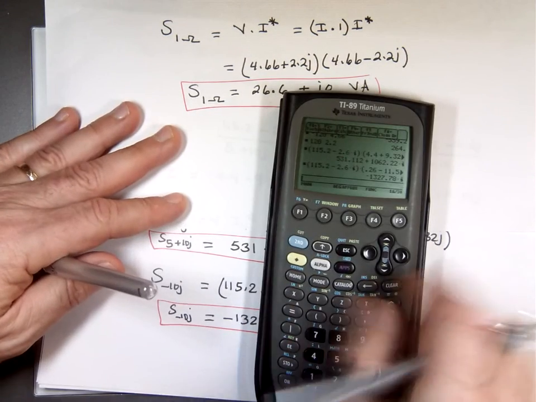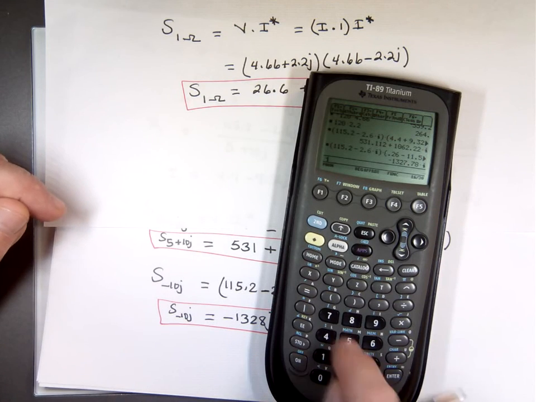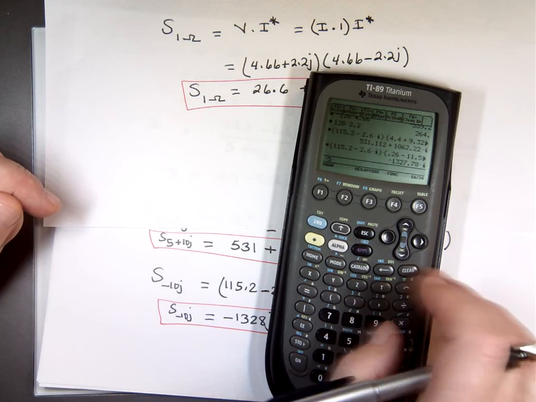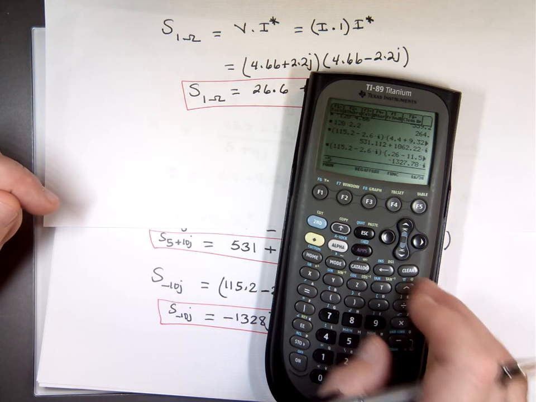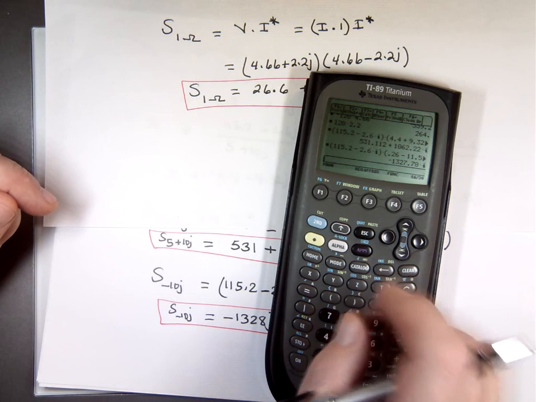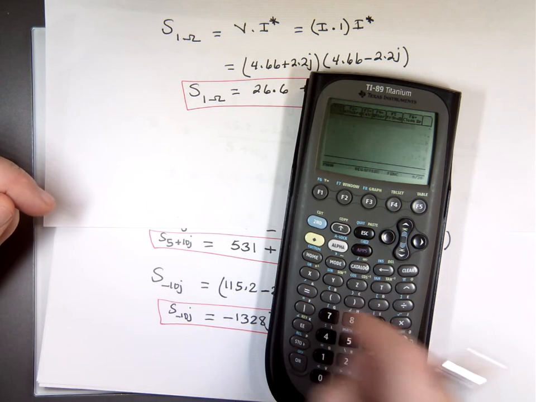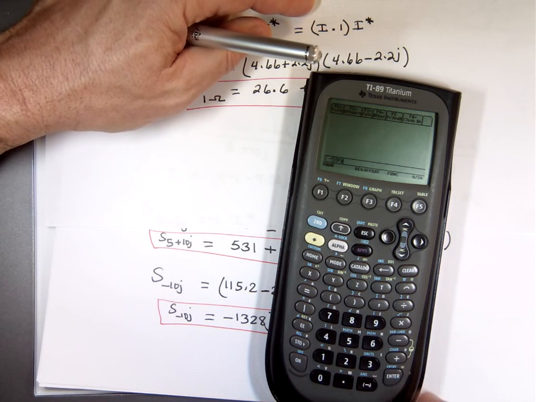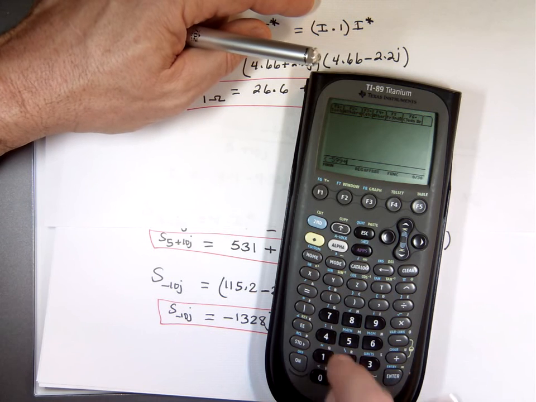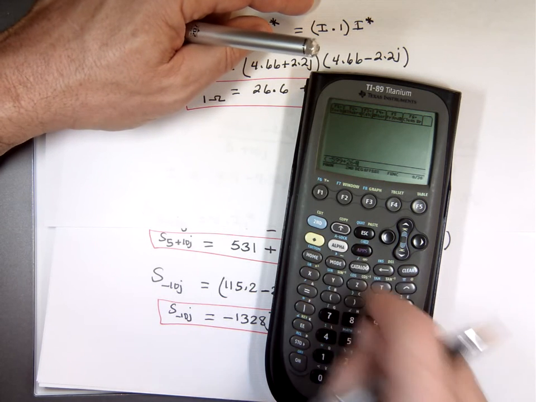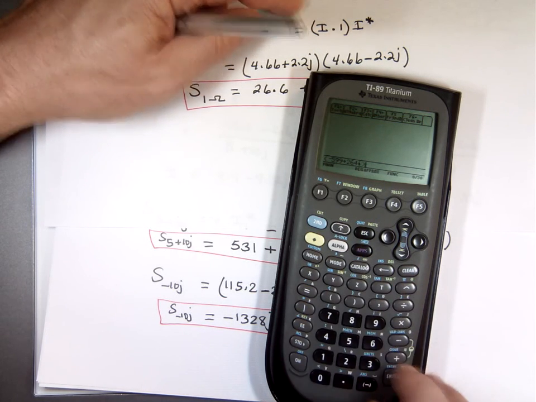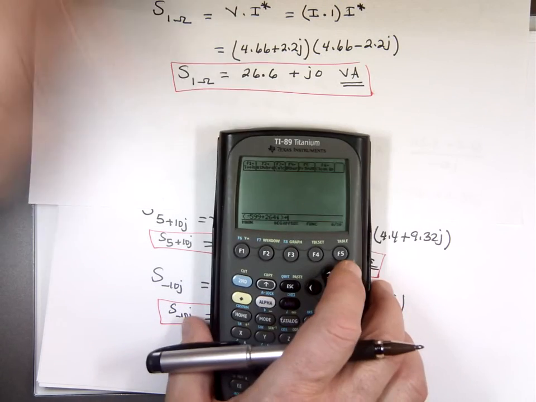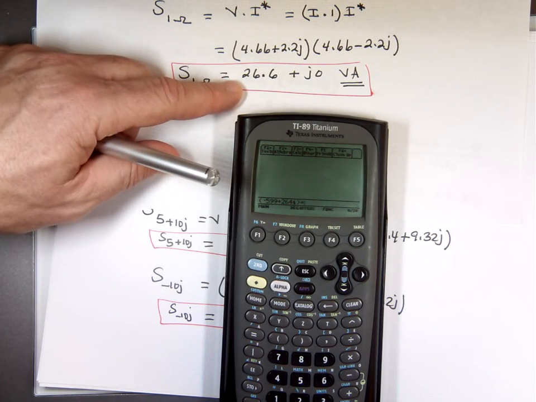Negative 5, since that's complex, has to go in parentheses. Clear everything. Here we go. Negative 599 plus 264j. That's the first one. Plus the next one. Plus what? 26.6. That's it.